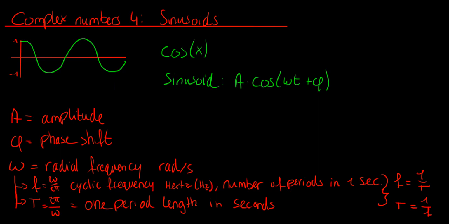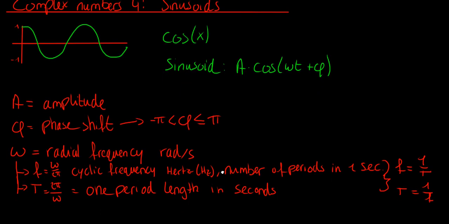Now, it is also important to note that our phase shift phi is between -pi and pi. Because if we add 2 pi or 3 pi, it is the same as adding 0 or pi, respectively.